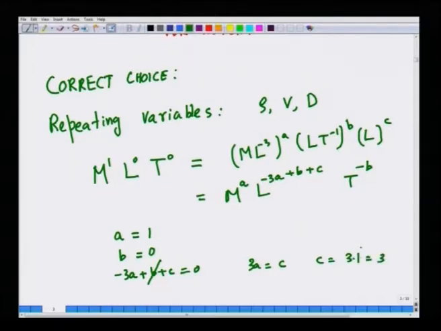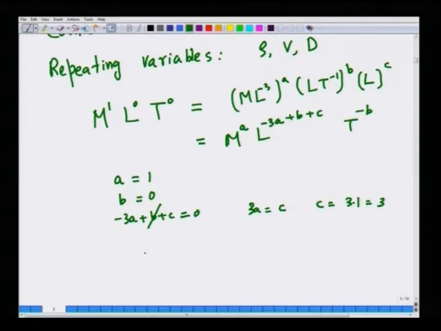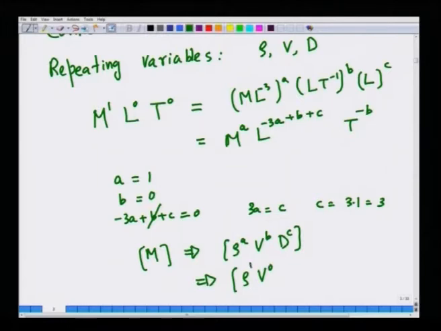Okay. So, what we find is that the mass dimension can be obtained by writing rho to the power A times v to the power B times d to the power C, which is rho to the power 1, v to the power 0 and d cubed.